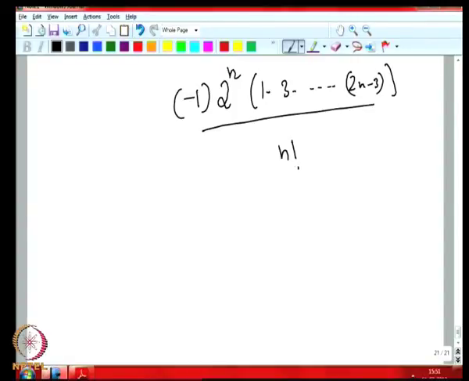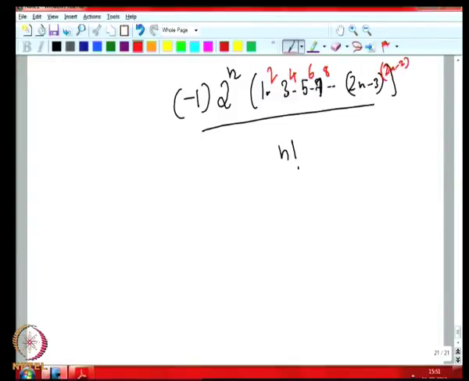Now what we can do is we can introduce n factorial. See, what you can see is 1 3 5 7 like this, odd numbers only are going. I would like to introduce 2 here, 4 here, 6 here, 8 here and so on up to 2n minus 2 here.